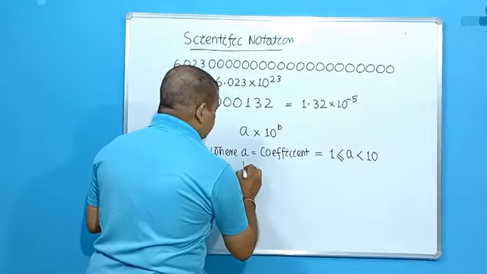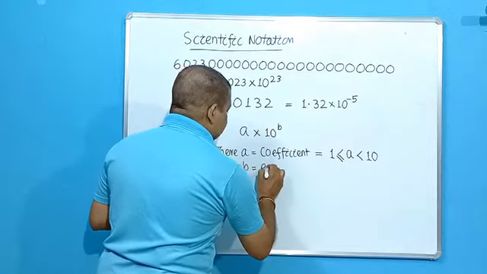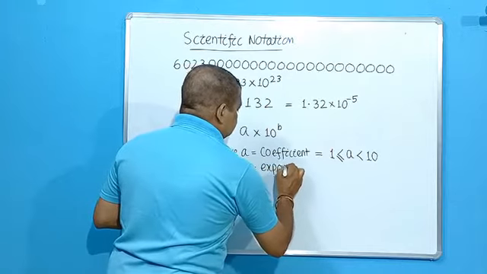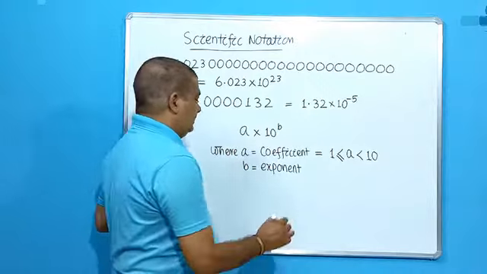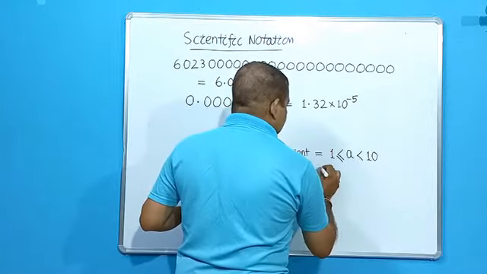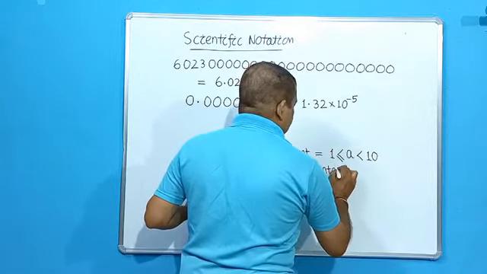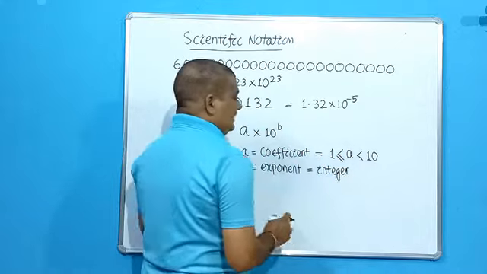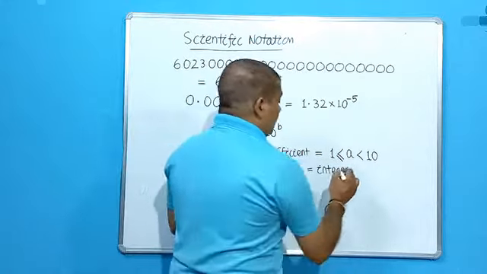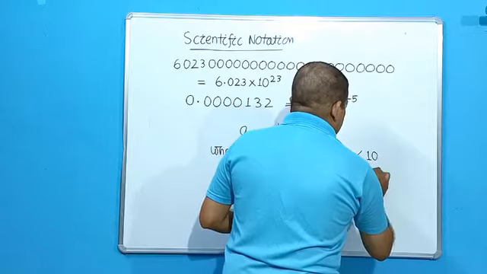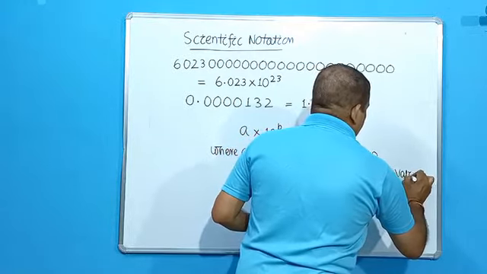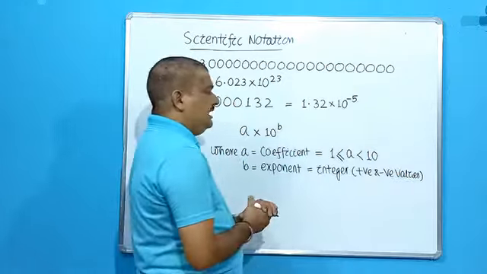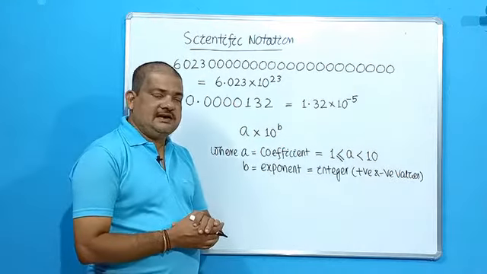Then b is called the exponent, which is an integer. That means it can have both positive and negative values. Integer means it can have both positive and negative values.